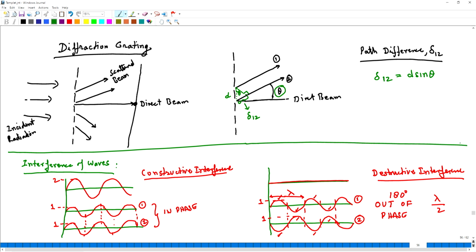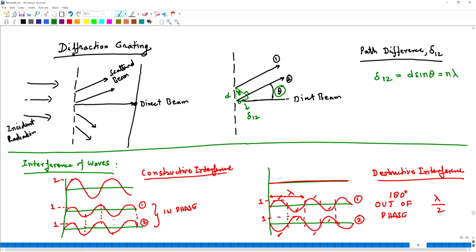So, now coming to this, we want to find out what kind of a path difference there should be so that the rays are coming in phase. Now, that is possible when delta 1 2 is an integral multiple of lambda.